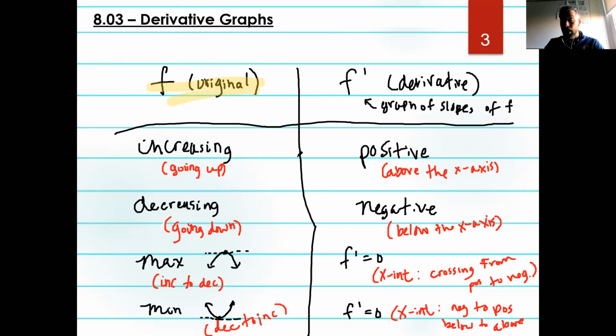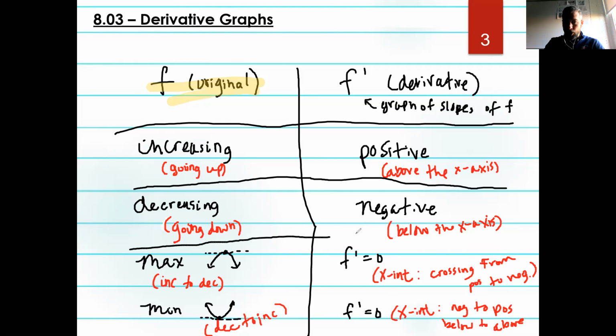Or I could ask you, if a derivative graph has a slope of 0, what would that tell me about the original function? What must be happening on that original function? So there's this back and forth relationship where you're using this chart to allow yourself to make observations on one to know what the other is doing.